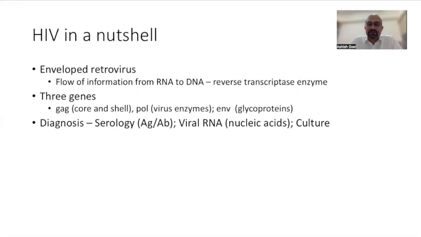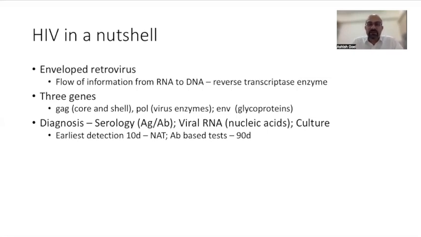The diagnosis of the HIV is dependent upon serological tests which look for antigens or antibodies, the viral RNA or the nucleic acid tests, and the culture of the virus, which is the most confirmatory test, from body fluids or secretions or blood.